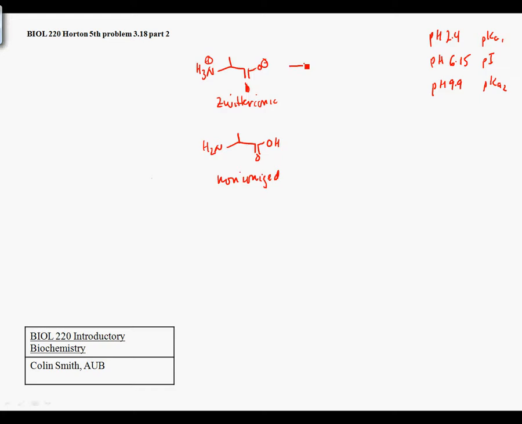And so the typical way to draw this, to be clear, would be to imagine this form, which is the anionic, and this is governed by a pKa of 9.9, and this other form, which exists predominantly at low pH, and this is the cationic form.